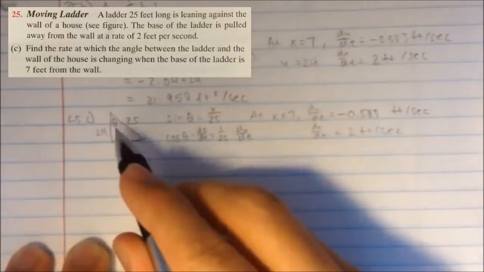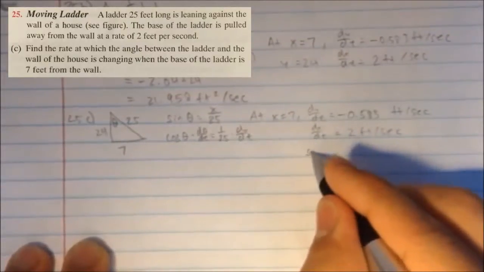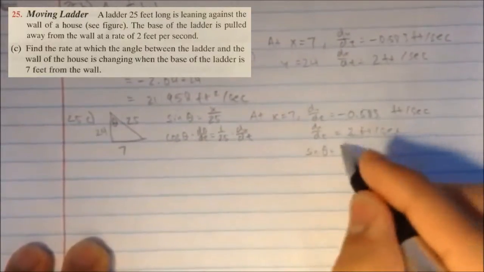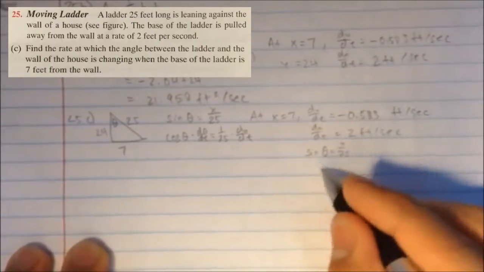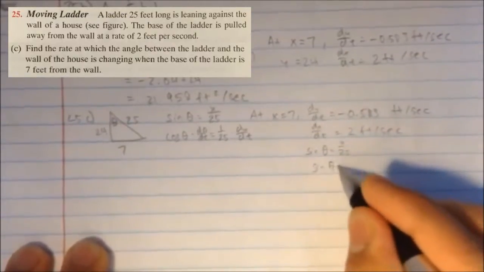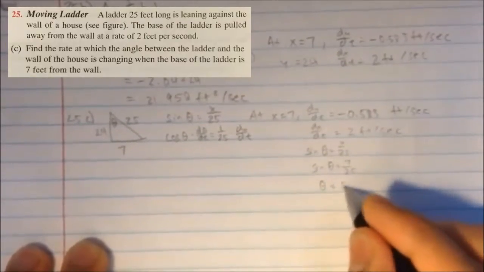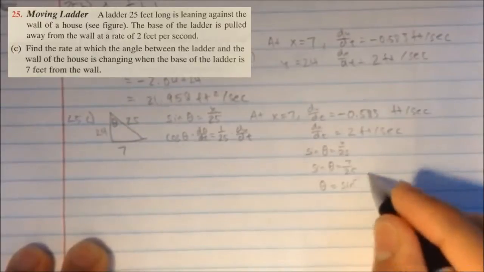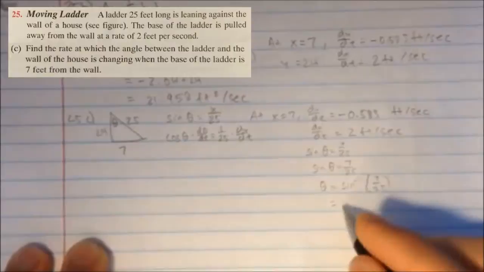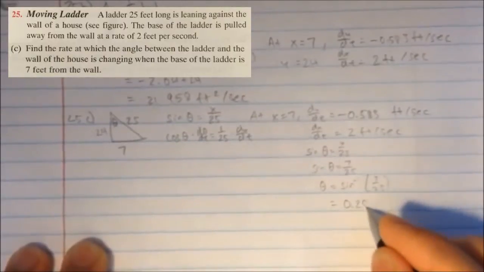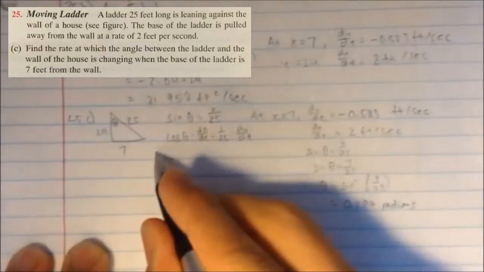And we already know theta because we can just solve for theta right there. Sine theta equals x over 25, at x equals 7, so sine theta equals 7 over 25, so theta equals the arcsine of 7 over 25. When the base length is 7, theta is 0.284 radians. Plug that back in.